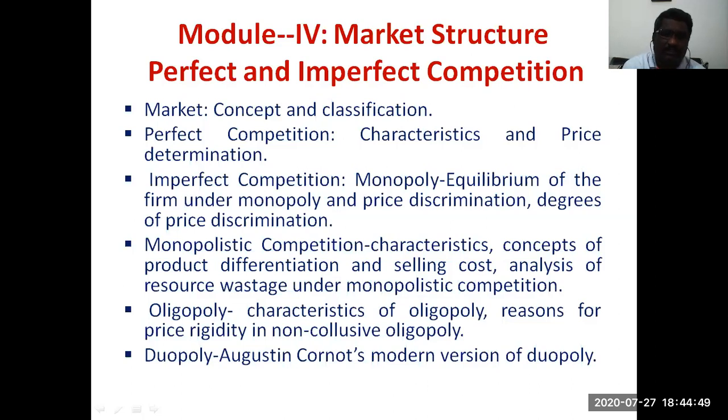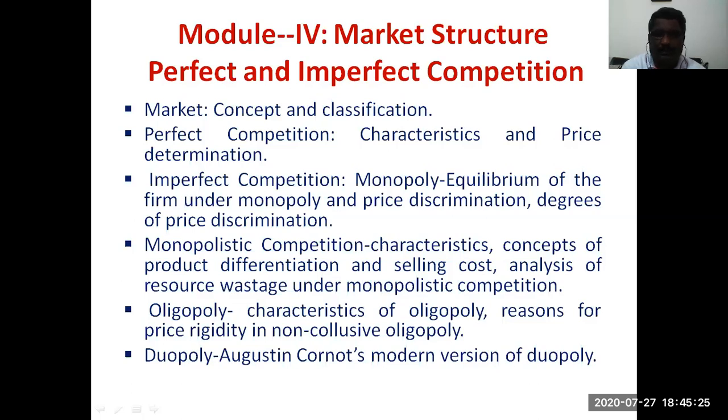We have to study only the characteristics and price determination under perfect competition. In imperfect competition there are so many types, but in this syllabus there are four main concepts we are going to study: monopoly, monopolistic competition, oligopoly, and duopoly.